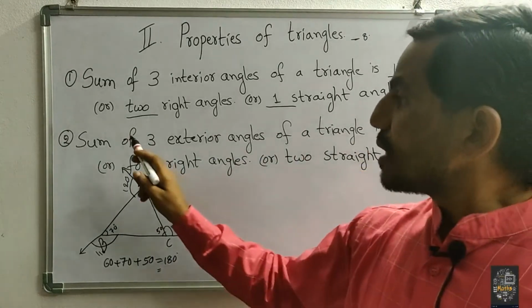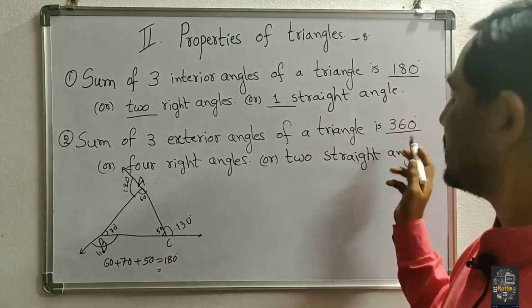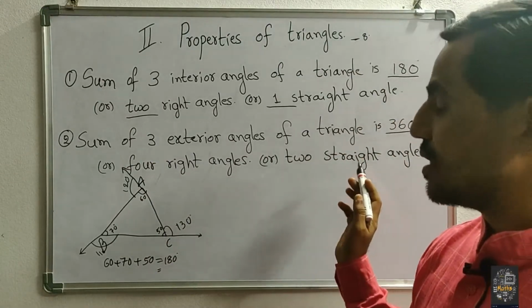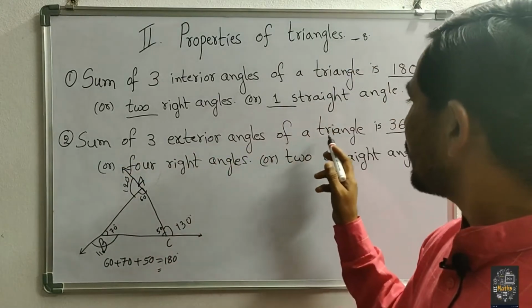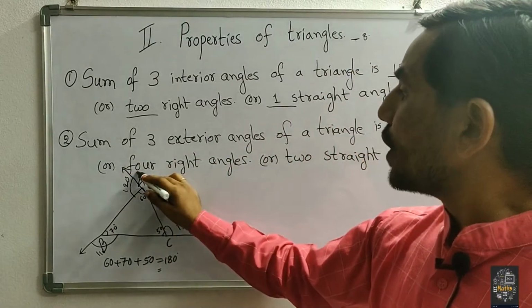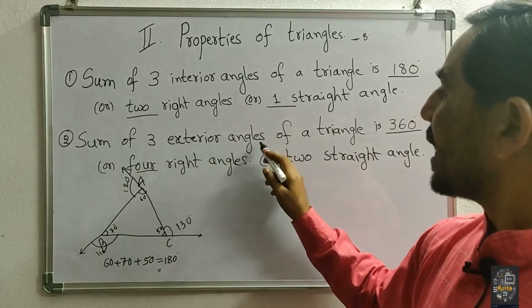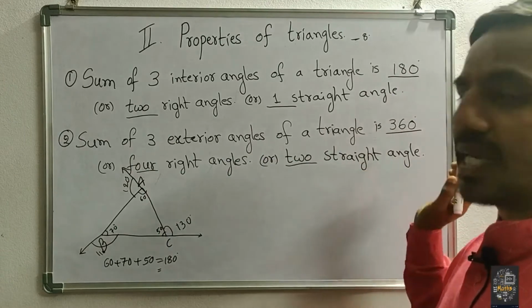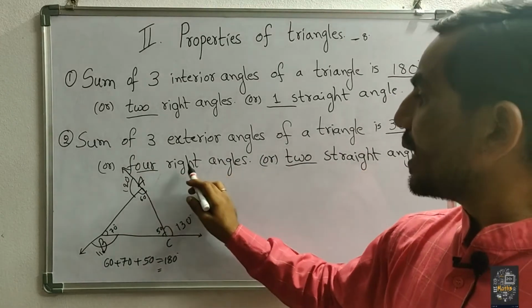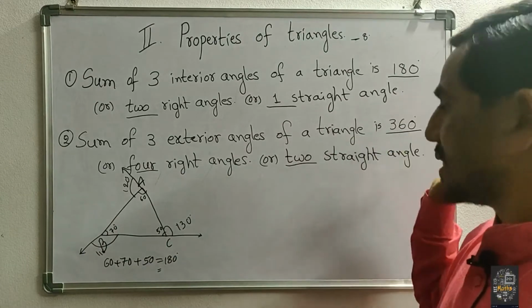Once again, the sum of three exterior angles of a triangle is 360 degrees, or 4 right angles, or 2 straight angles. 4 right angles or 2 straight angles are 360 degrees.